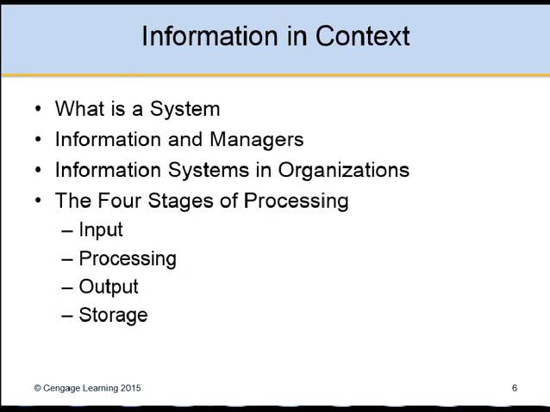An open system interfaces and interacts with other systems. Often it's a subsystem of a bigger system. Subsystems by definition are always open. An information system is all components that work together to process data and produce information.